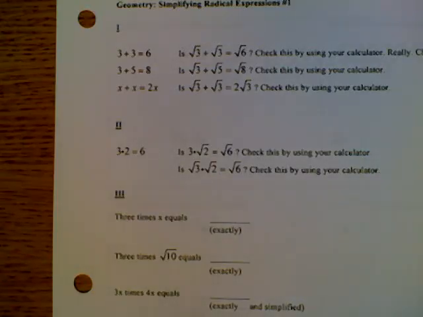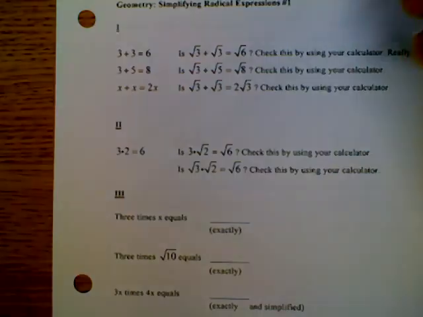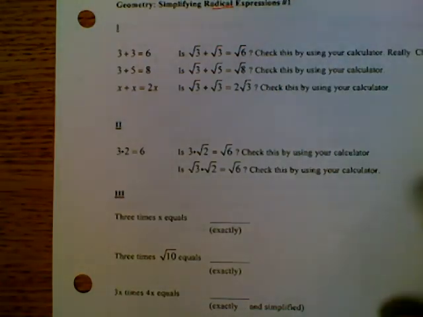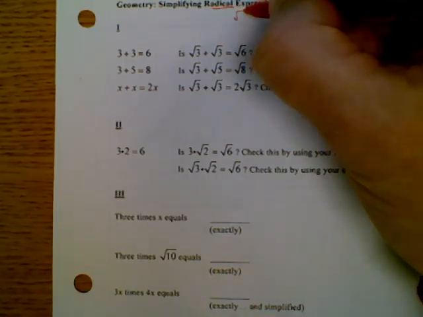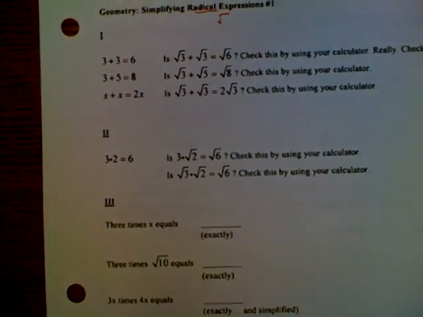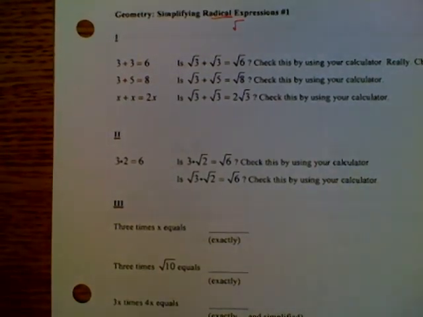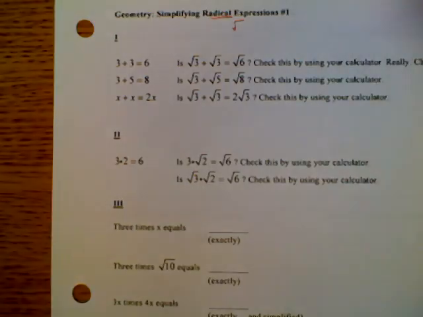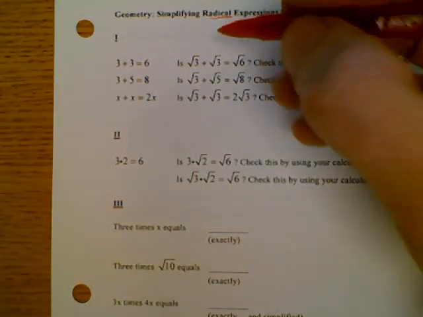Alright, the top part of this worksheet is really just intended to acknowledge that radical expressions, which simply refers to the square root symbol, can be complicated or difficult to get used to dealing with. They're not as simple as whole numbers.